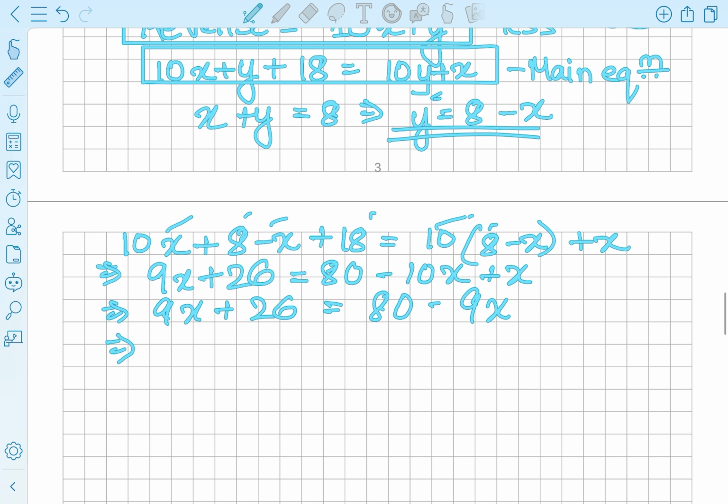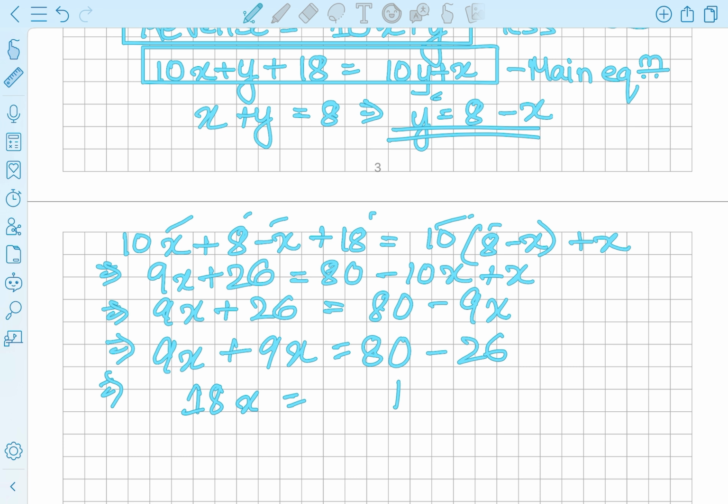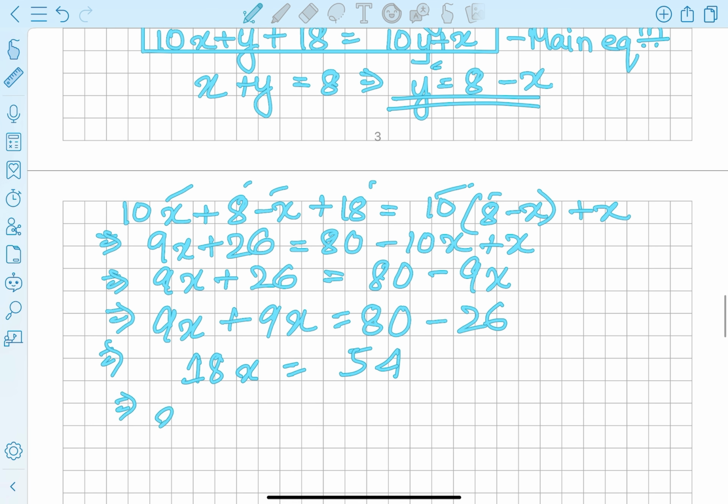So it should be minus 9x here, and it will become plus 9x. Then you see 80 minus 26, here it will go. So here we have 18x, and here we will have 54. All right. Now x equals 54 by 18. What is it? 3. So x is 3.